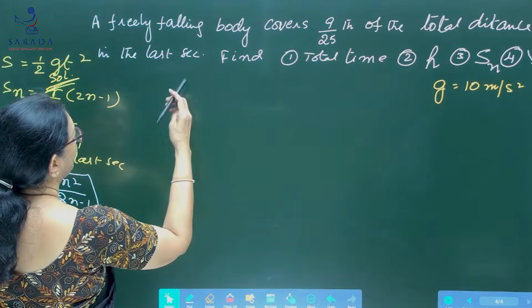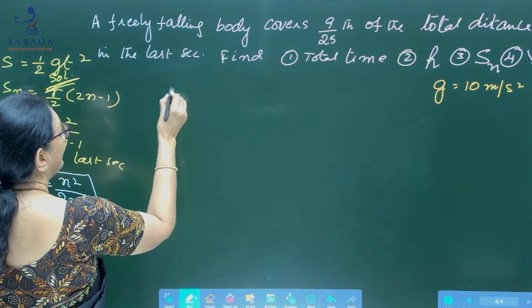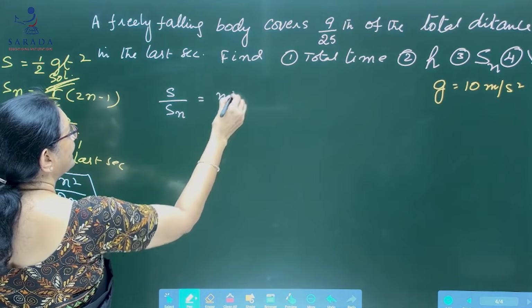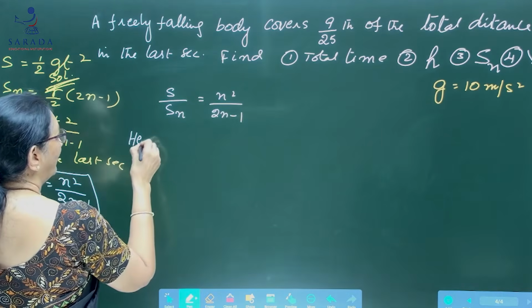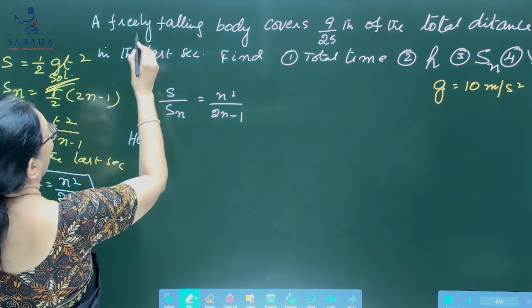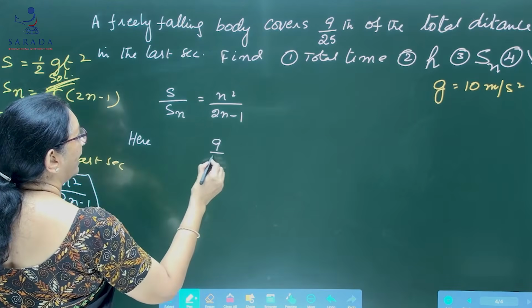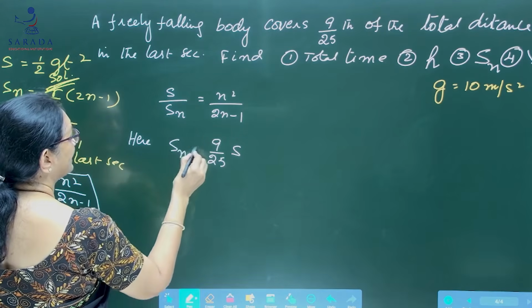Now, coming to this, S by Sn is equal to n square by 2n minus 1. Here, what is given? A body covers 9/25 of the total distance in the last second.